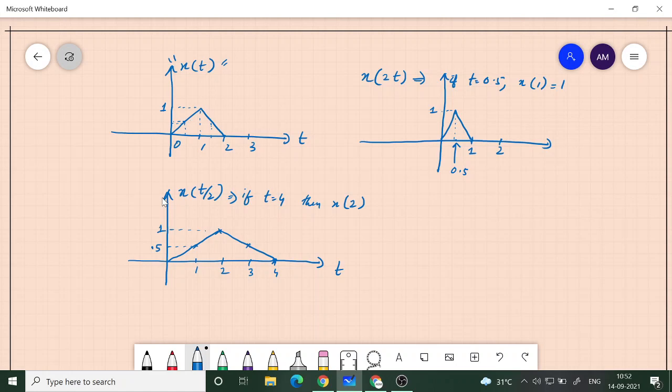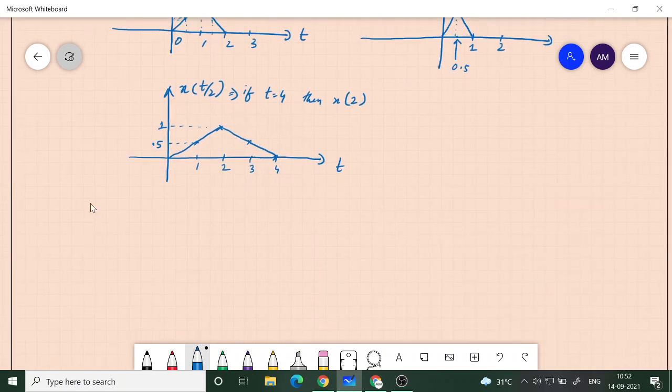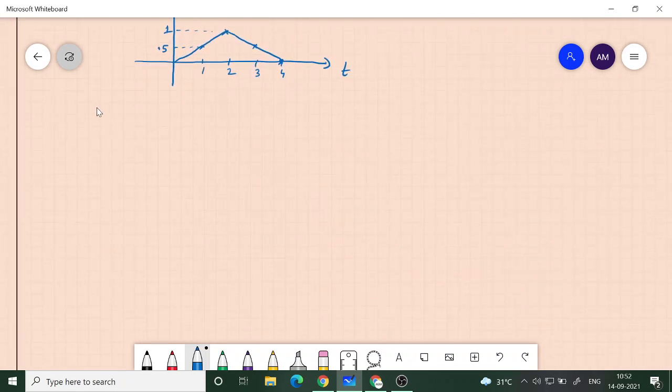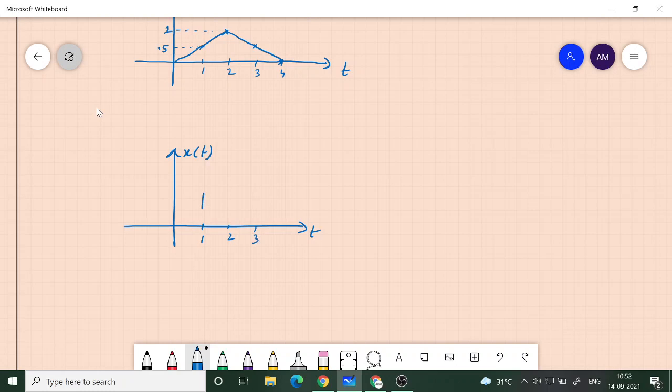But if the graph was starting somewhere else, see another example. Let's say another x of t, and here I am starting at 1 and going from 1 to 3, and this is just a square pulse like this. Say this is 1 or 2, whatever, doesn't matter.